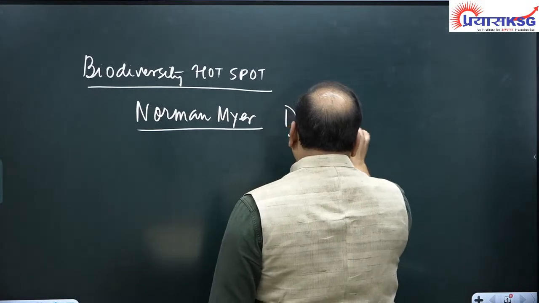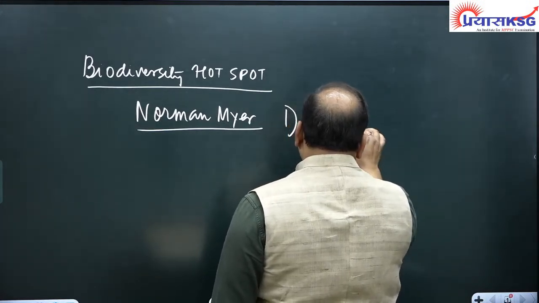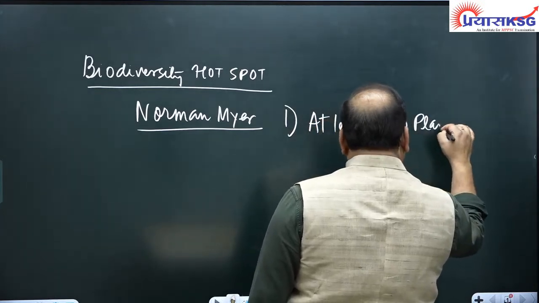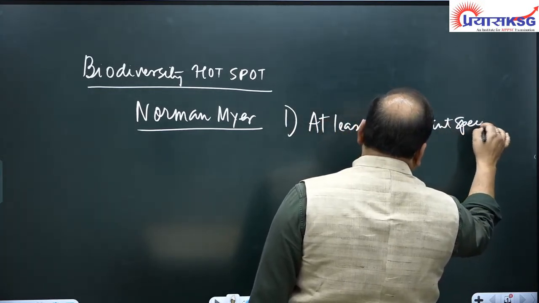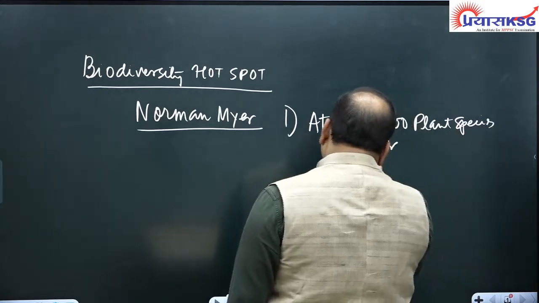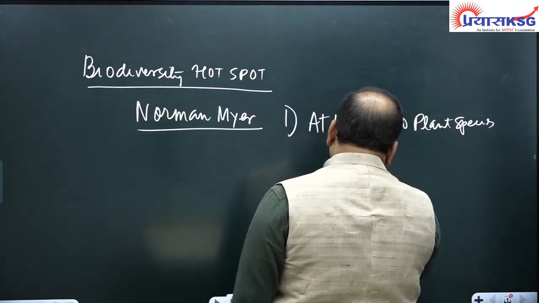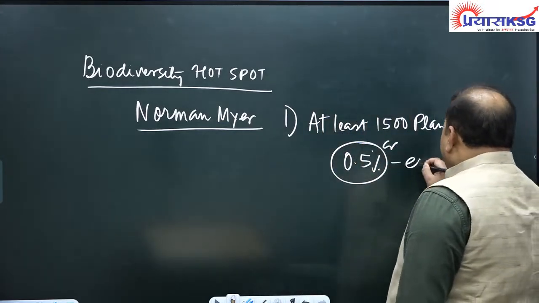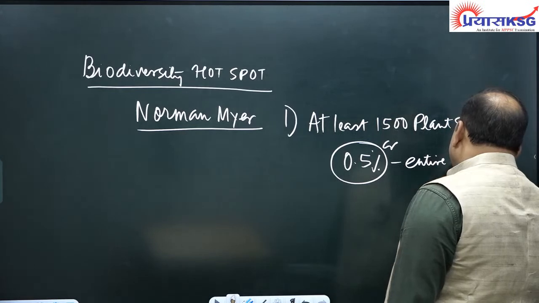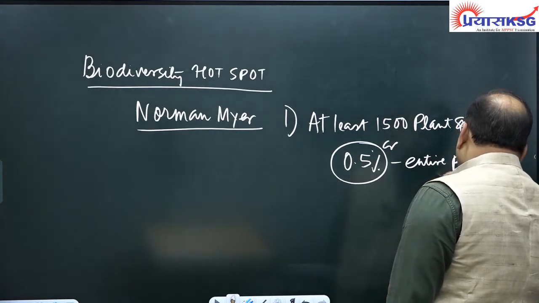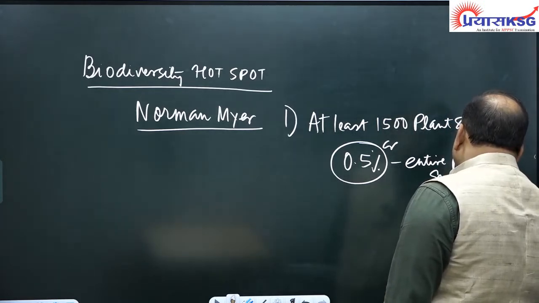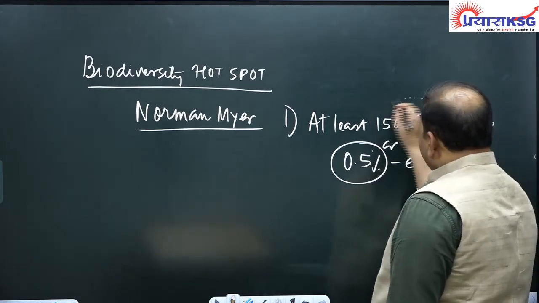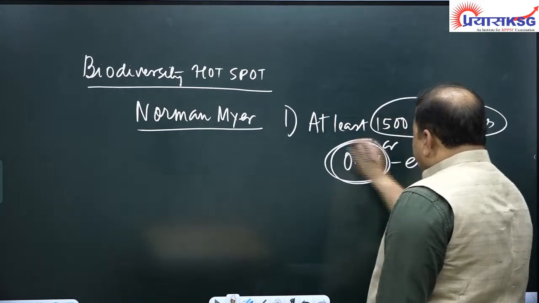देखो यहाँ पर कम से कम at least 1500 plant species. अगर नंबर देखना है तो इसमें 1500 plant species और 0.5% of entire plant species of world. नंबर में ये एंड परसेंटेज में ये.